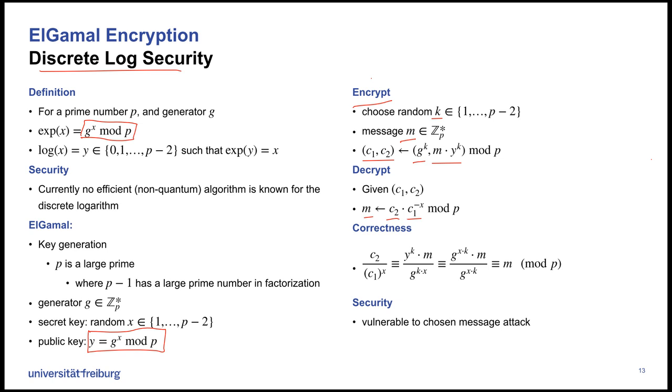This ElGamal encryption has a lot of nice features, especially compared to RSA, for example, since we are working with a prime number which is not secret. So we can really publish this prime number. Also, the generator is not secret. So basically, we could have a lot of people working with the same tools.